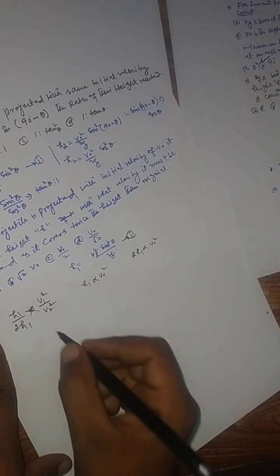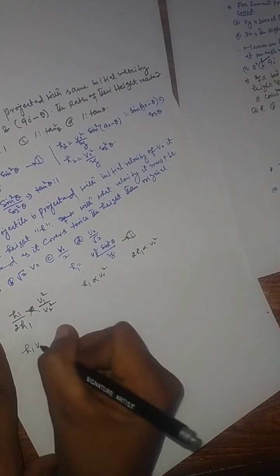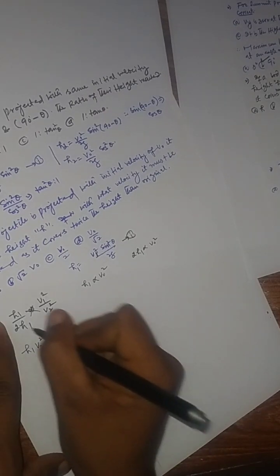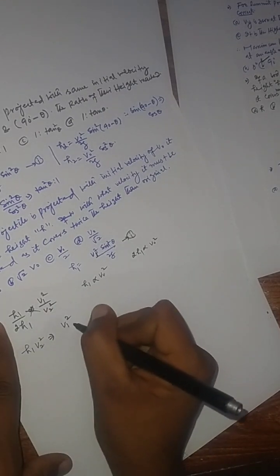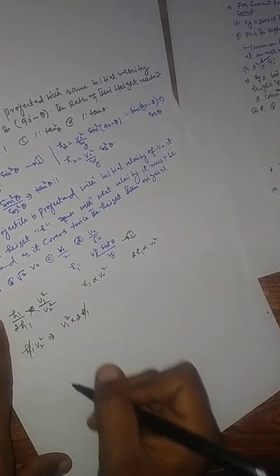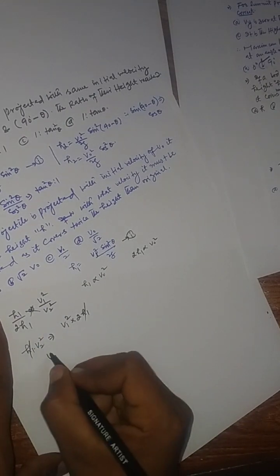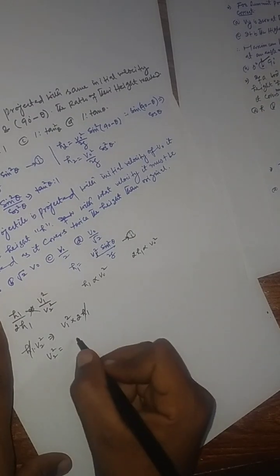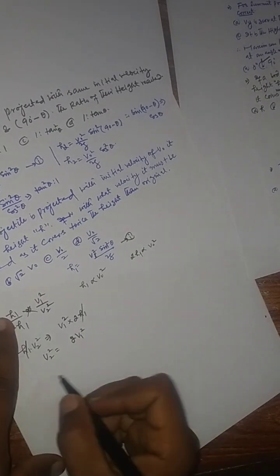By cross multiplying, h1 into v2 square is equal to v1 square into 2h1. h1 get cancelled, and v2 square is equal to 2v1 square.